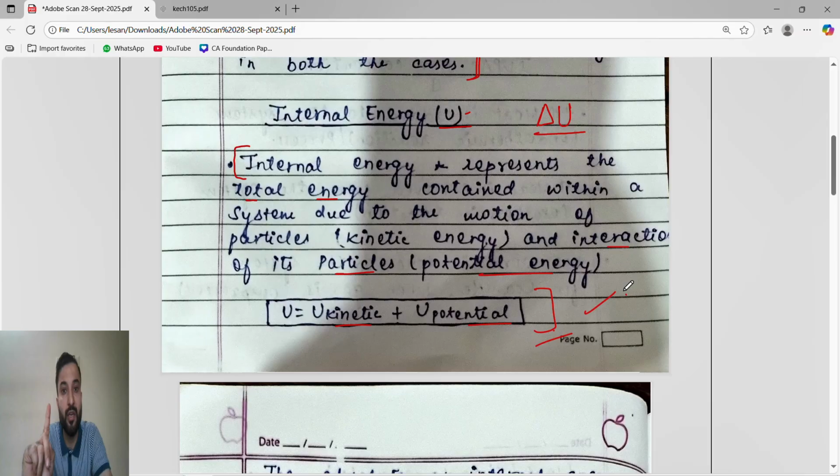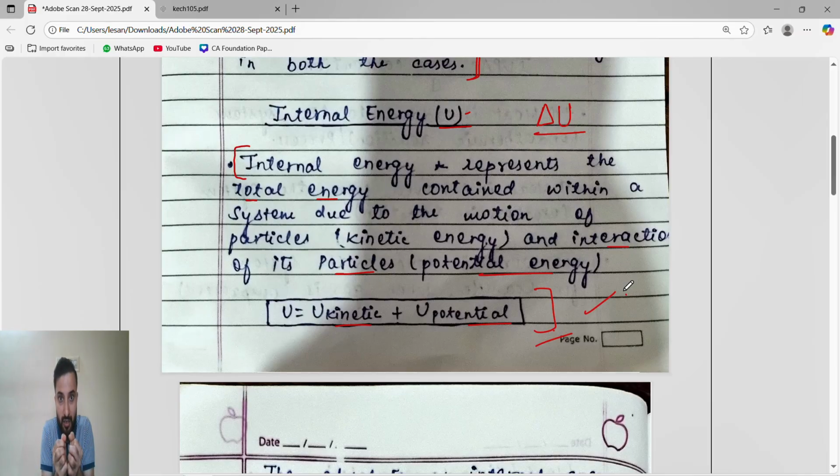Particles of liquid move means movement of particles. So whenever the word movement comes, it is kinetic energy, because the kinetic energy formula is half into mass into velocity square. When we are moving, then only velocity will generate. So if there is a movement of particles, movement means kinetic energy.